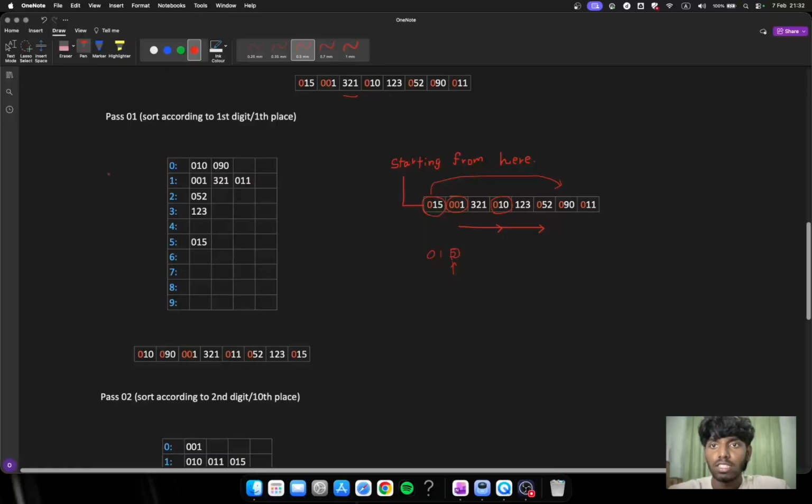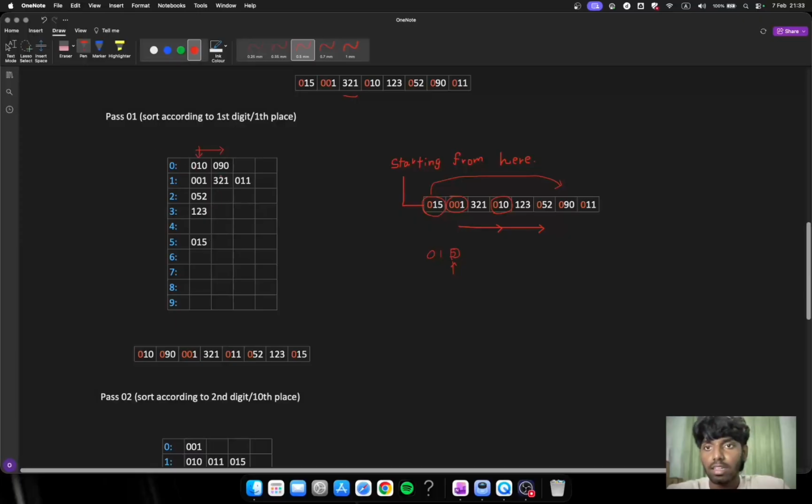Now we are done storing the values to our buckets. So now we are going to extract these values and combine them into an array. This is the starting point, and we start from the 10, and then 90, and then 01, and then 321, and then 011.